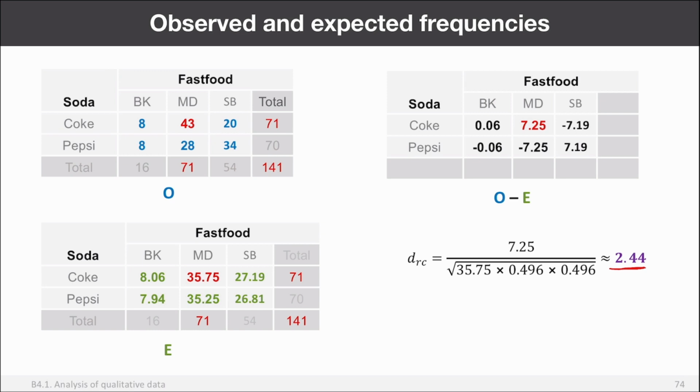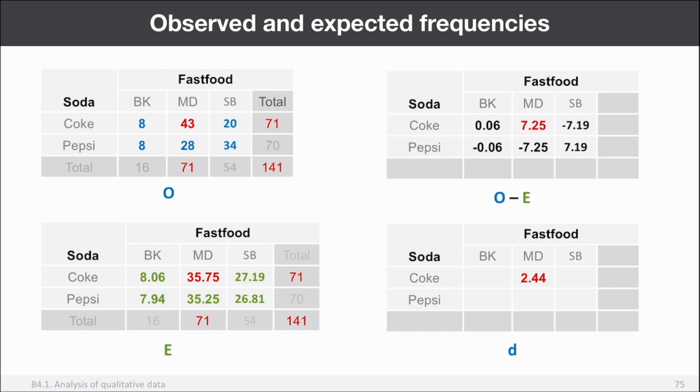Okay. And then if I just go on and compute all these standardized residuals, this is the table I get. And you can see, for example, here the z-score is almost 0. So it means that for this particular case, for BK, we don't see any association. We don't see that, for example, people who go to BK prefer Coke or Pepsi.